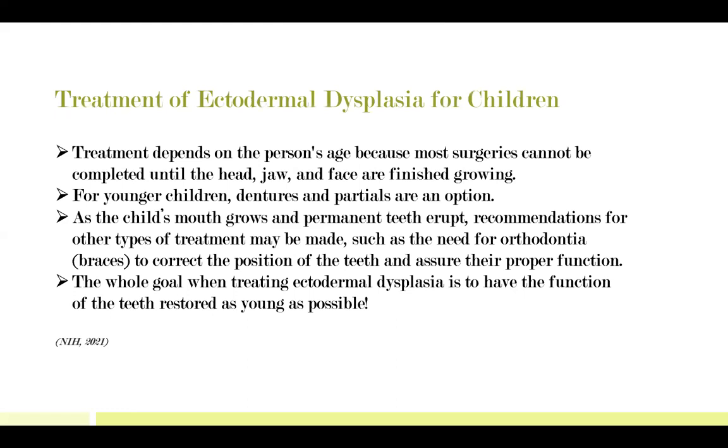As the child's mouth grows and permanent teeth erupt, recommendations for other types of treatment may be made, such as braces to correct the position of the teeth and to assure their proper function, because the whole goal when treating ectodermal dysplasia is to have the function of the teeth restored as soon as they can, as young as they're able to. Again, treatment depends because most surgeries can't be completed until the jaw and face are finished growing, but it's really important to have that function restored as young as they can.